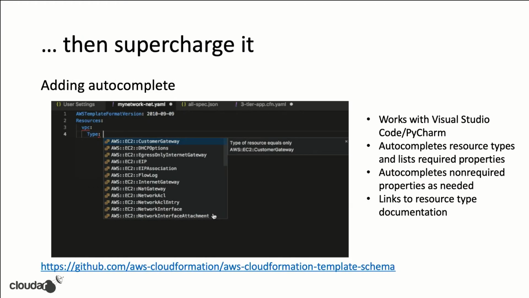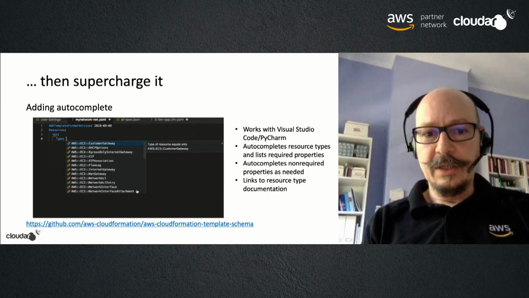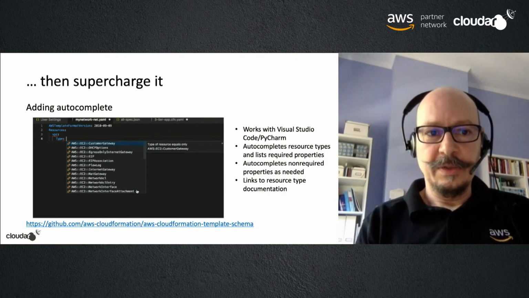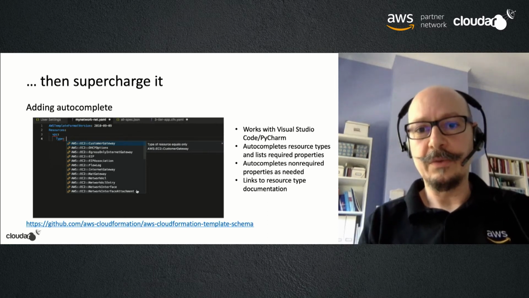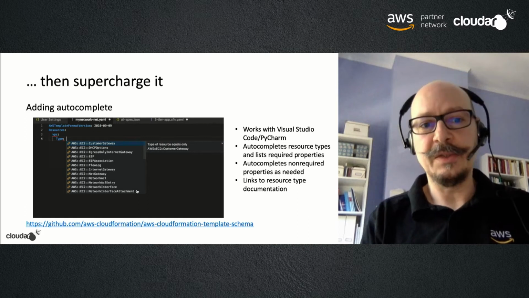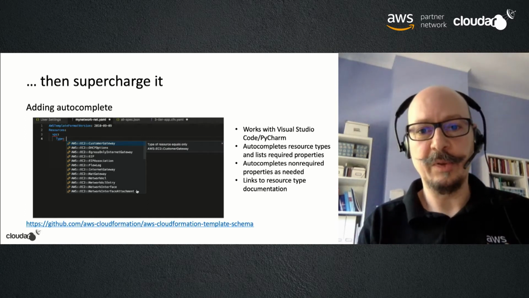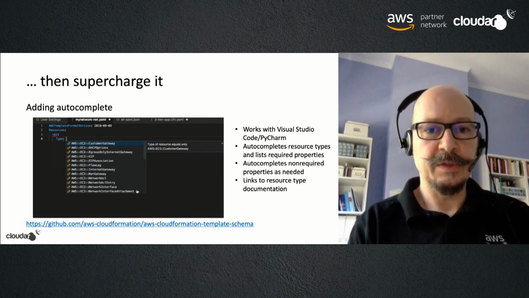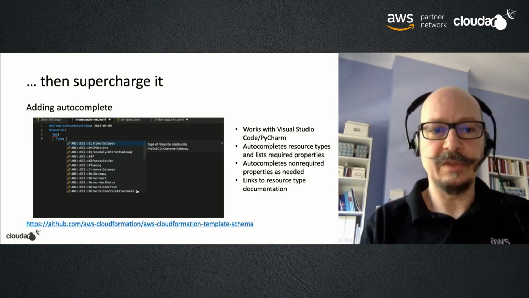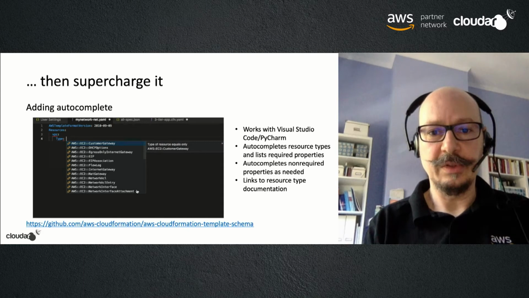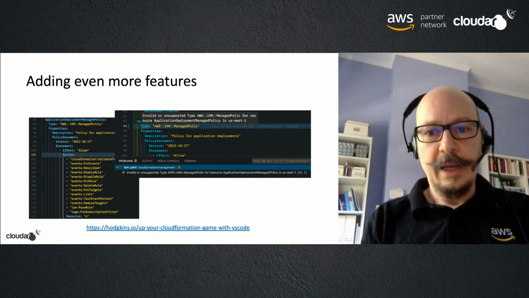To be honest, I don't know them all by heart, so it's really handy to have a list to choose from. Additionally, it provides links to documentation, so you can dig further and see what the required properties are for this type of resource, what they mean, what to expect as an output, etc.